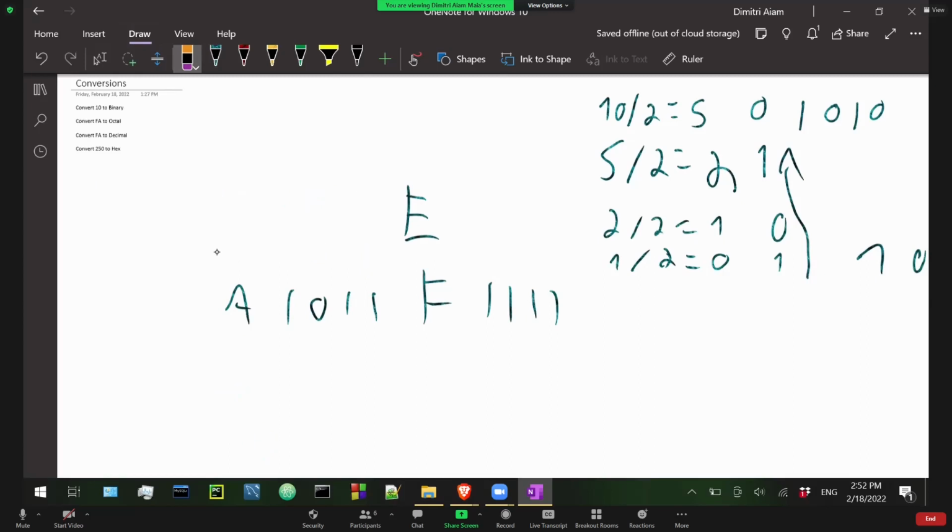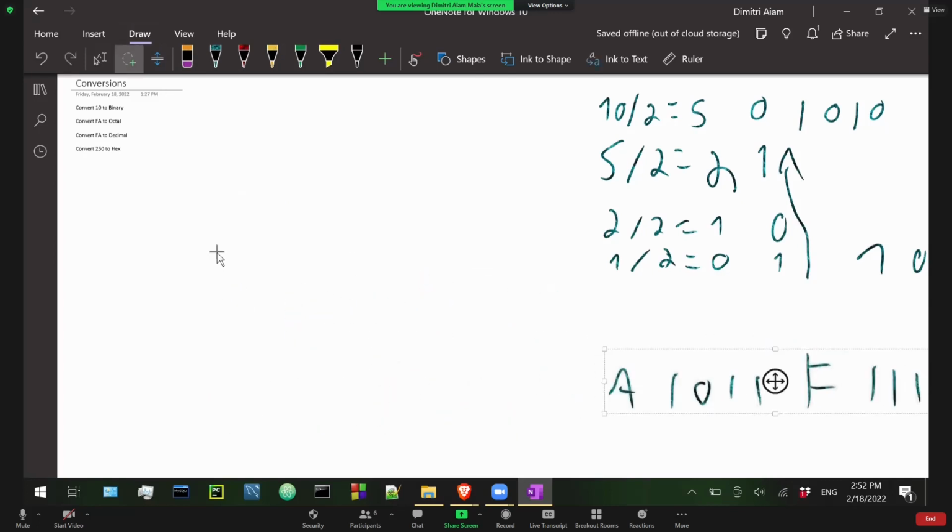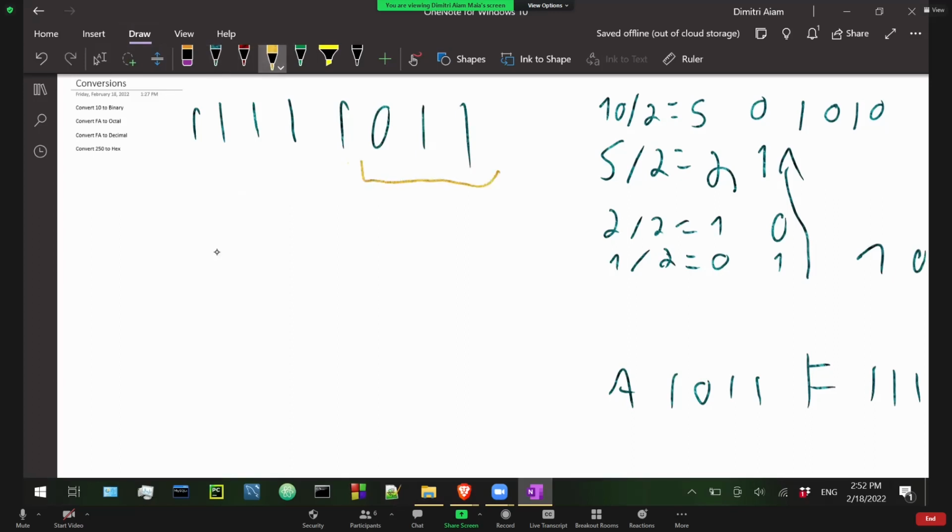So these are the numbers that we want. FA is going to be: the letter F is 1111, and then the letter A is 1011. Now octal works with threes, so we want to group them in groups of three.